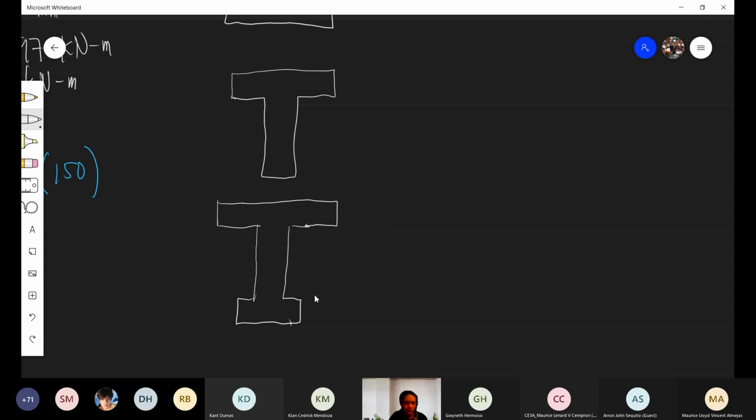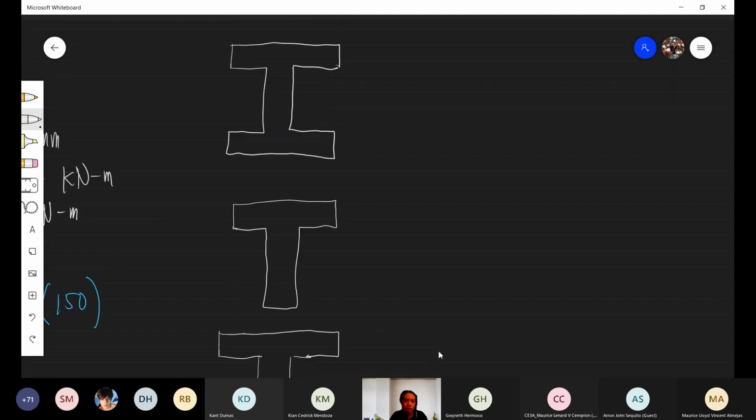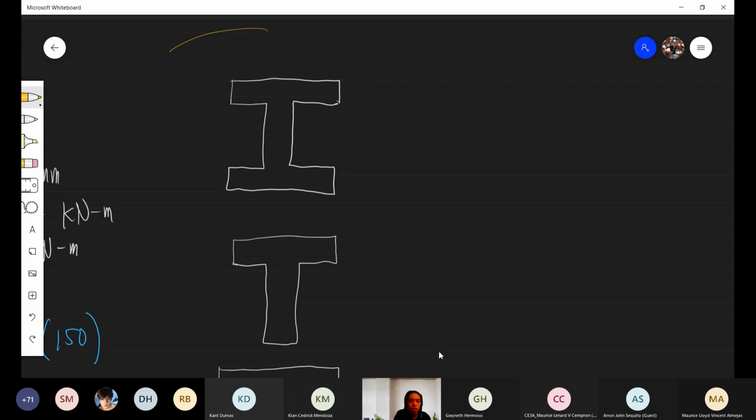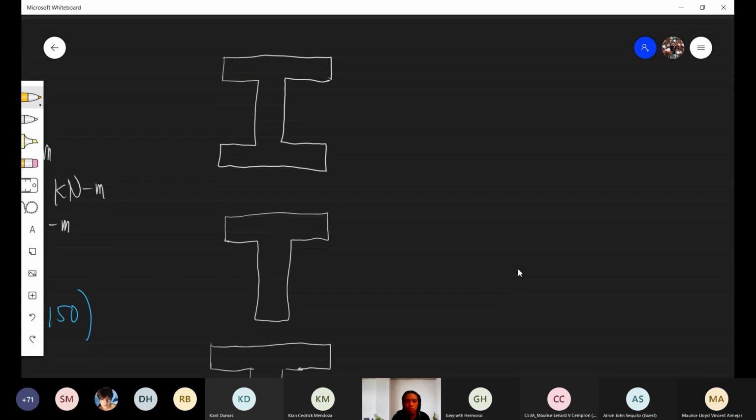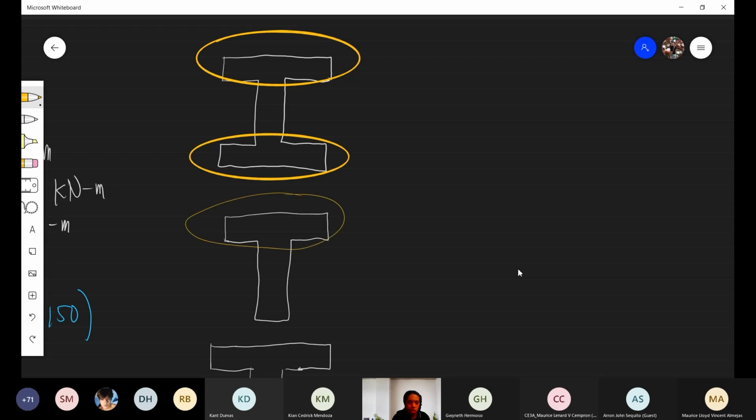Nag-gets niyo? I-beam gap ya, pero ang flanges. Flanges kasi tawag ini, di ba? This is a flange. These are flanges. Mga flanges ito ni tawag ini. Okay? Flanges itawag ito.